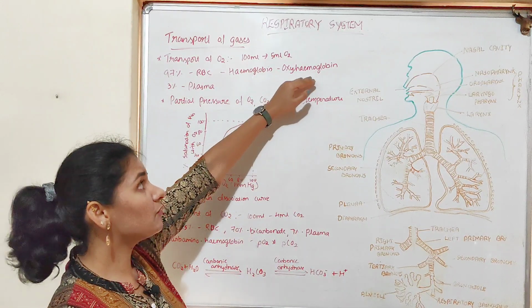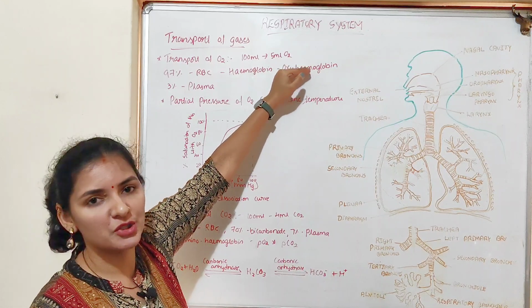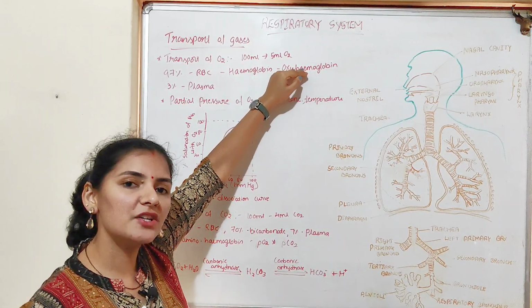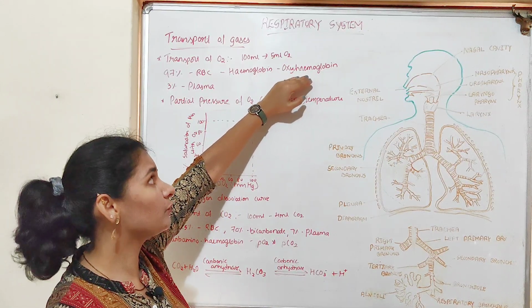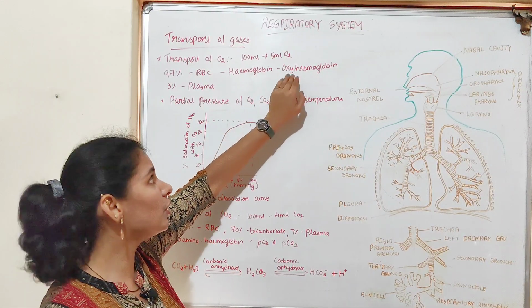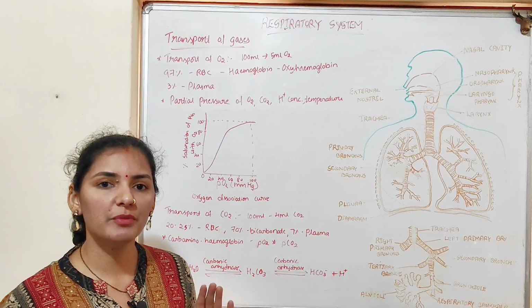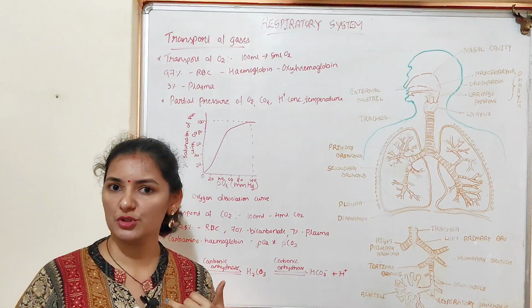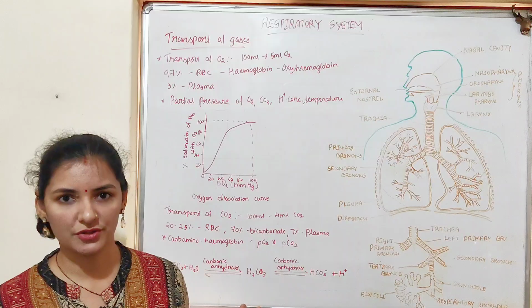So formation of oxyhemoglobin purely depends on the partial pressure of oxygen, or the concentration of the oxygen. Apart from that, there are other factors which determine the formation of oxyhemoglobin, which include partial pressure of carbon dioxide, temperature, and the hydrogen ion concentration.